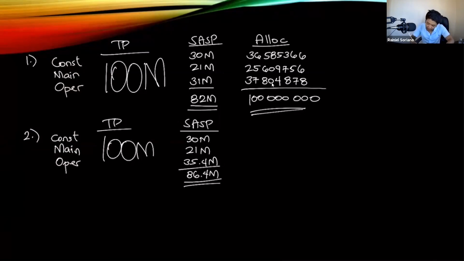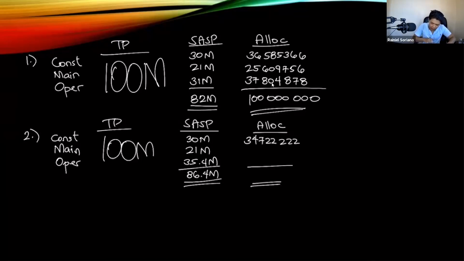Okay? Now let's move on to the allocation. So here in the allocation, how much goes to the construction? 100 million times 30 divided by 86.4 million, or this is equal to 34,722,222.